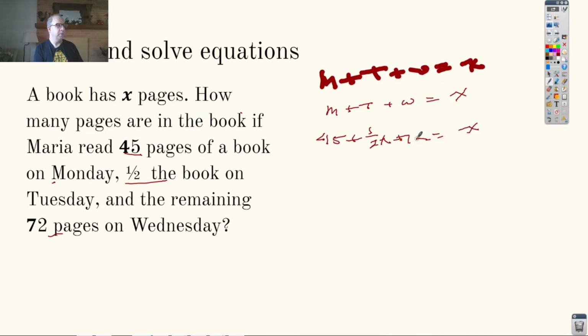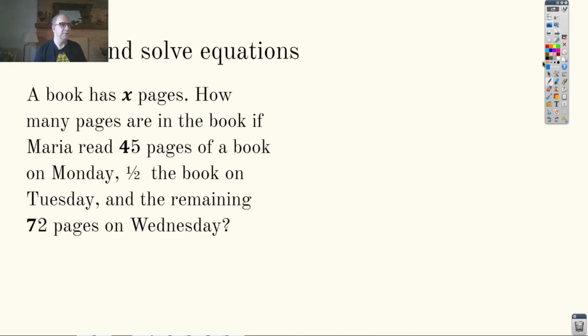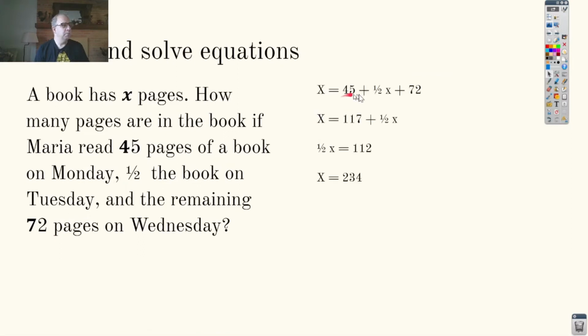Okay. I like to go slowly when I'm writing these equations, one step at a time, so I don't make mistakes. All right. So Monday, Tuesday, Wednesday. If I add 45 and 72, I get 117.